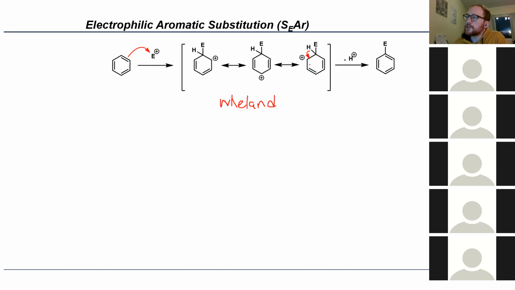And then elimination of a proton from the Wheland intermediate restores aromaticity. This is the major driving force of the reaction, in that we gain a lot of energy back from restoring aromaticity. Breaking aromaticity in the first place is quite challenging to do, and that's why it requires activated electrophile species.